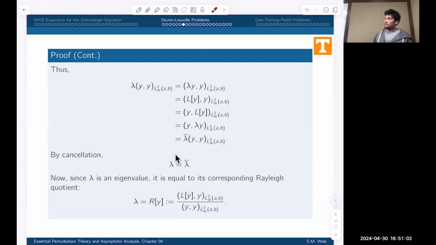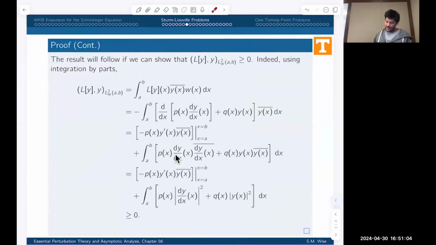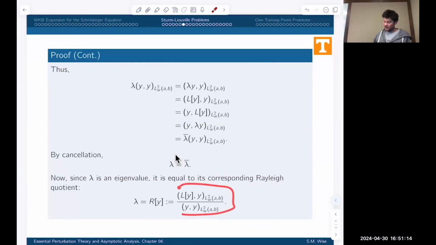So what? Well, let's check it out. The result that we want to show, that the eigenvalues are greater than or equal to 0, is going to follow if this whole thing is non-negative. Or if I could show that this is positive, then this shows that every lambda is positive, right?